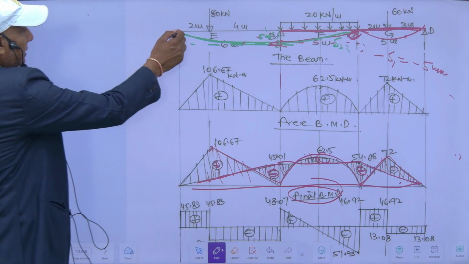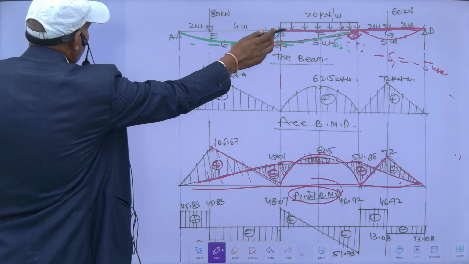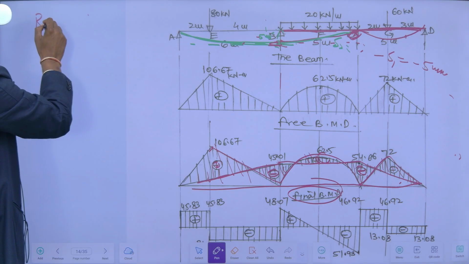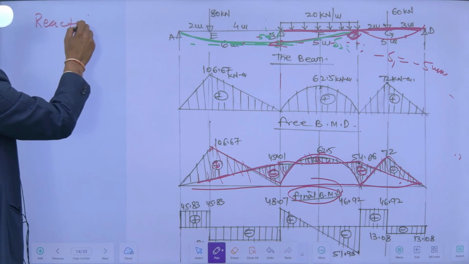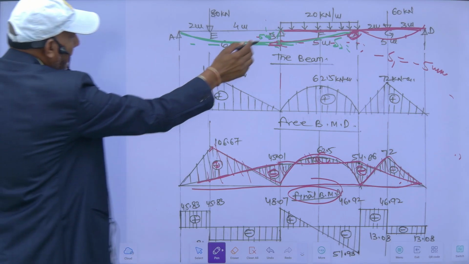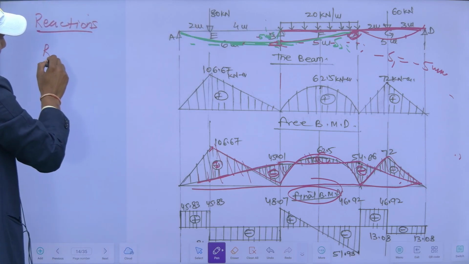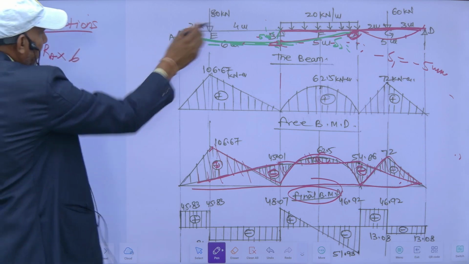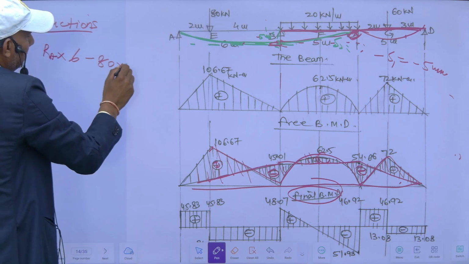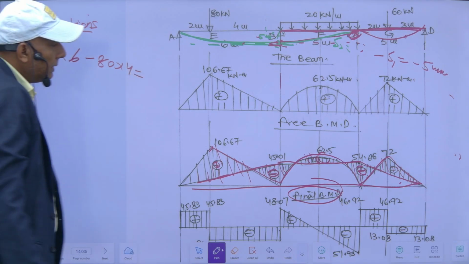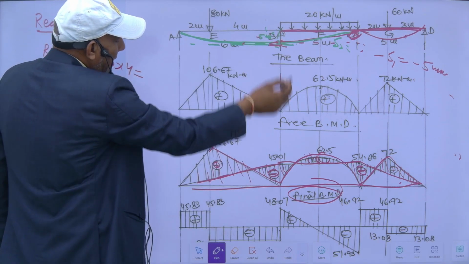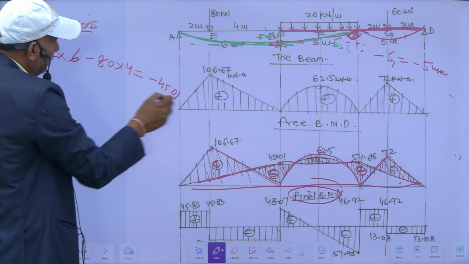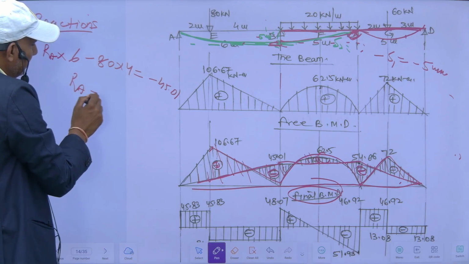Suppose I want to know the reaction RA, I will take moment about B. So RA into this distance 6 minus 80 into 4 is equal to the moment at B, and this is minus 45.01. So I will get RA with this.